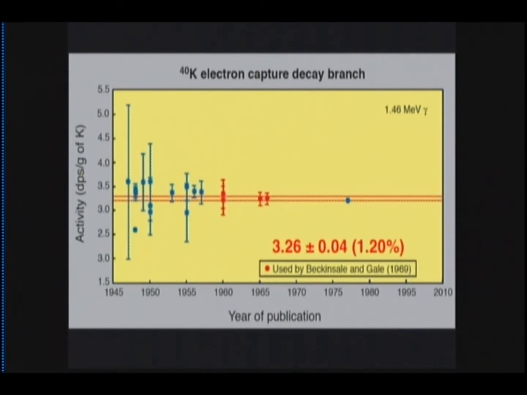So this 1.2% relative error propagates through that equation for the decay constant, and that's about how well we know the decay constant. It's about 1%. So that turns out to be a limiting factor in the ultimate calibration of the argon-argon or potassium-argon geochronometers.